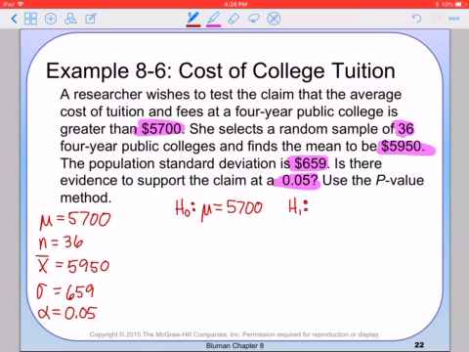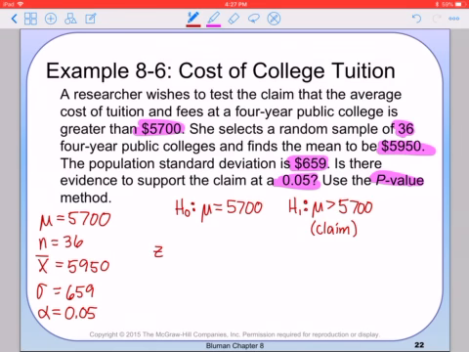Okay, so we keep on going and we want to know if it's bigger than 5,700. Okay, and this is the claim of the researcher here.